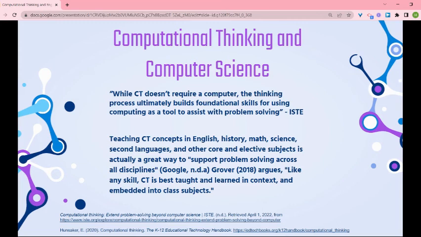And when we talk a little bit more about computer science, you are using all of those elements of computational thinking as you're trying to solve the problems, but it's just in the context of computer science. So just think of computer science as really another content area in which computational thinking is embedded. But more than other areas, it's really the foundational skills. You have to have those skills if you're going to be able to use computers to solve problems.